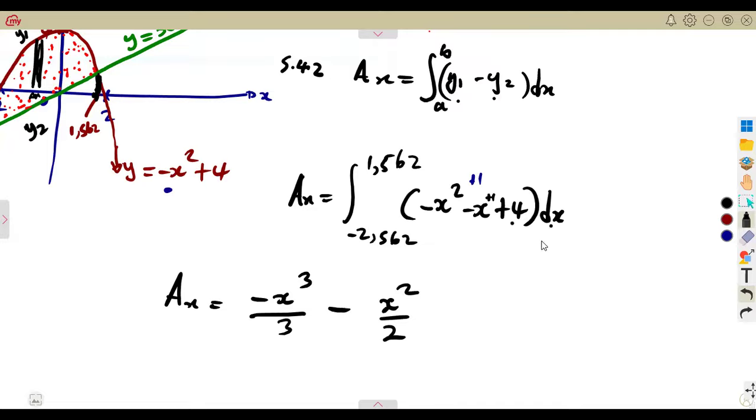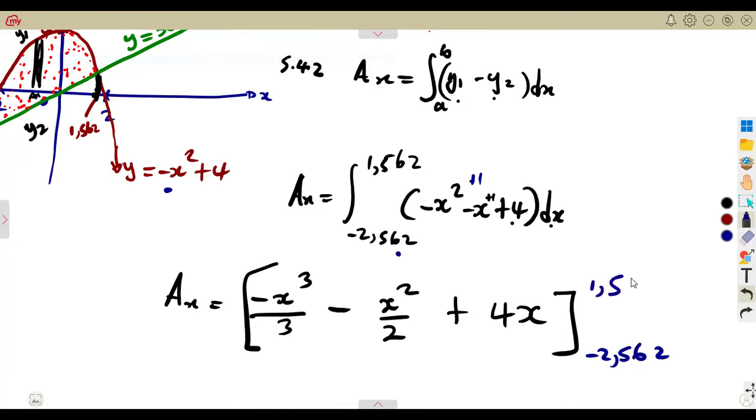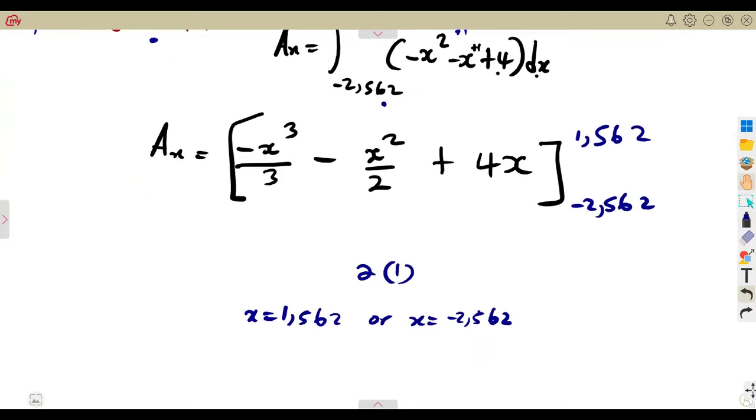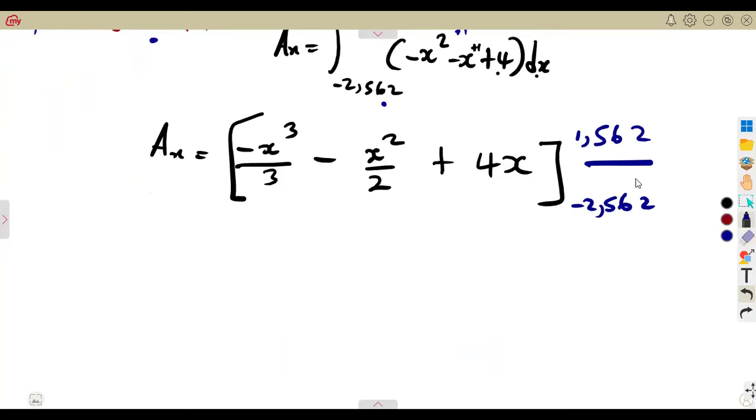The integral of 4 with respect to x, that's a constant, so it will be 4x. And the limits being given as minus 2.562 and upper limit as 1.562. So remember, you have to substitute the upper limit minus the lower limit in place of x.